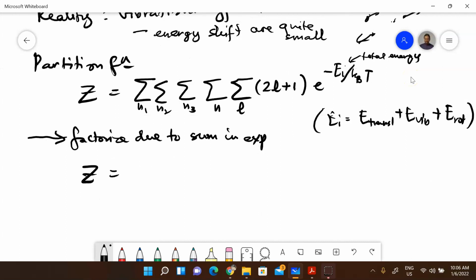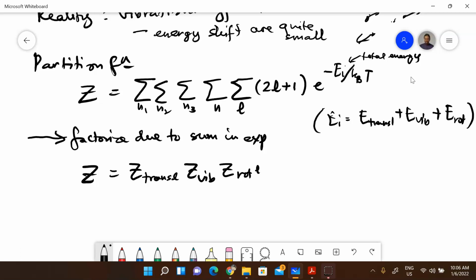Z is now composed of the partition function for your translational, the partition function for your vibrational, and the partition function for your rotational.